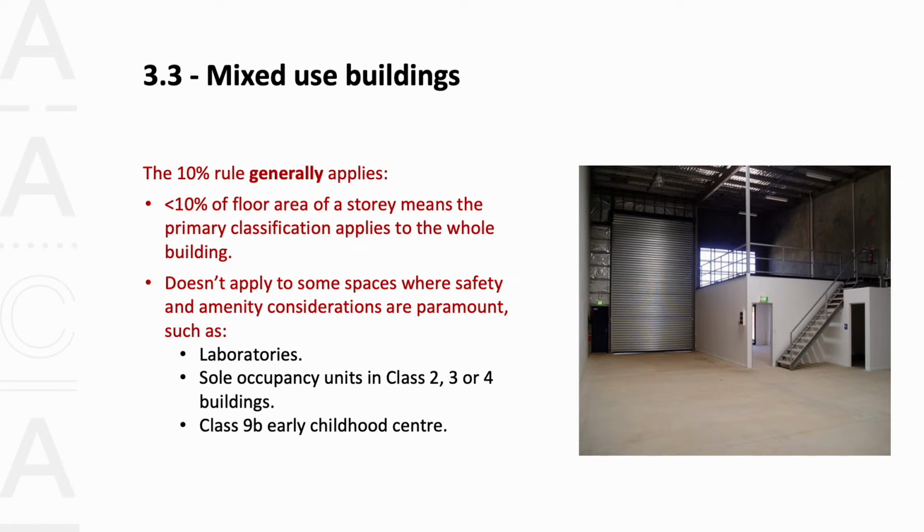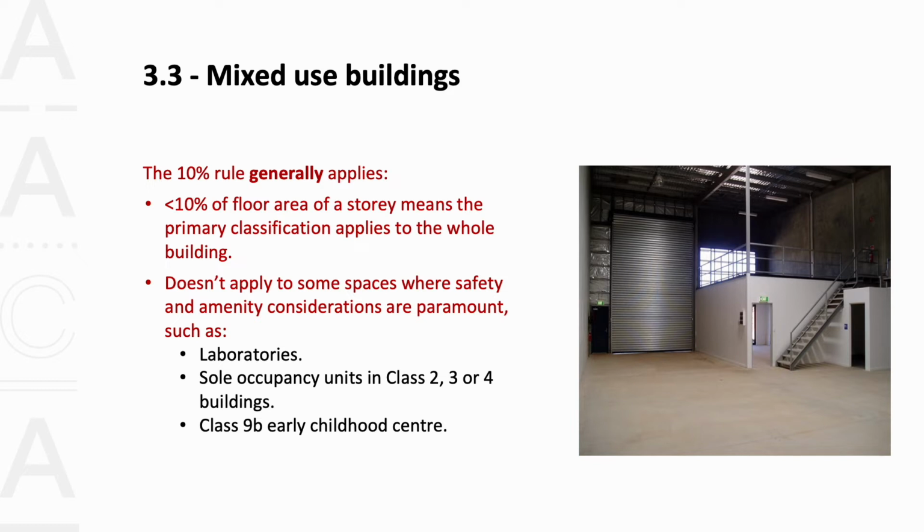For example, in a single-storey warehouse with an office that is 15% of the total floor space, the office space has a separate classification, Class 5, and that space must meet the performance requirements for a Class 5 building. If the office space was only 5% of the total floor space, then it would be classified, along with the rest of the warehouse, as a Class 7B building and would have to meet the performance requirements for a Class 7B building.